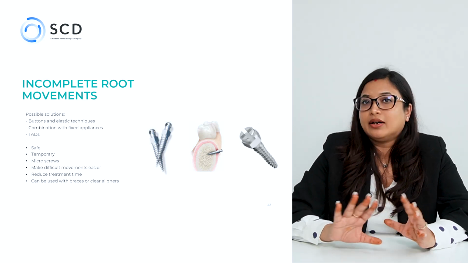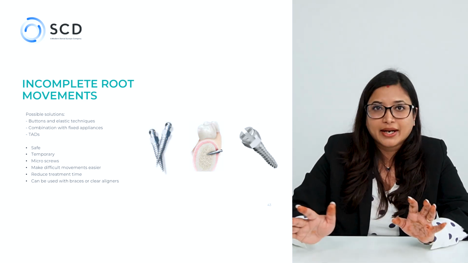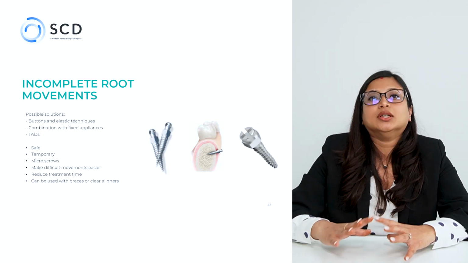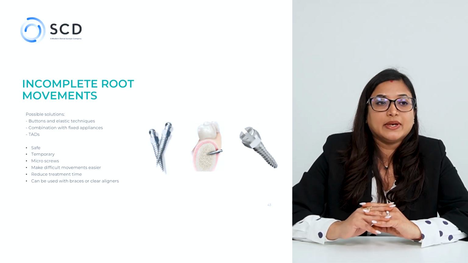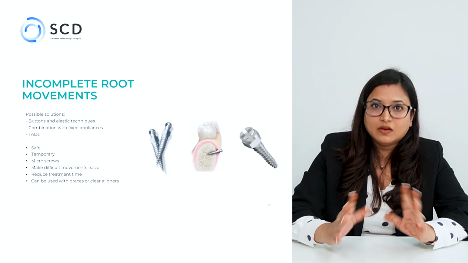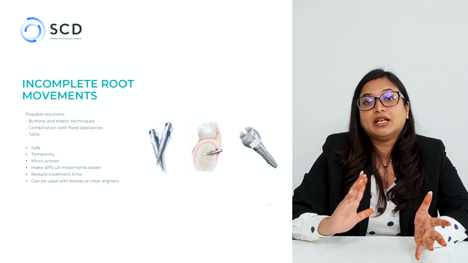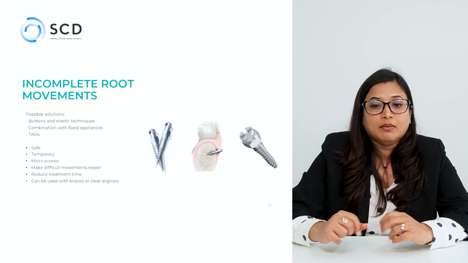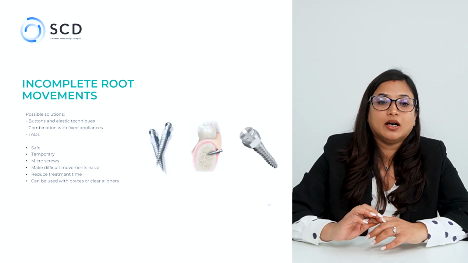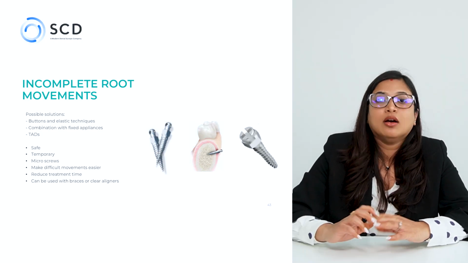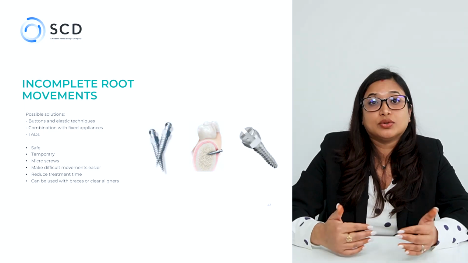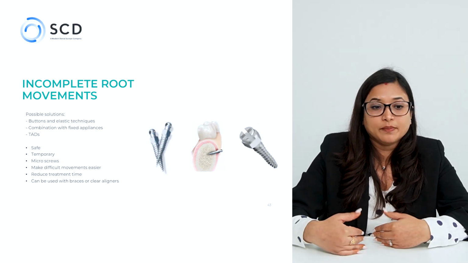Incomplete root movements are quite common with all kinds of aligners, or even conventional orthodontic processes, because these are clinical situations which might not be completely under the clinician's hand. But there are solutions to take care of this. You can use buttons and elastic techniques, a combination with fixed appliances, and also TADs, that's temporary anchorage devices.